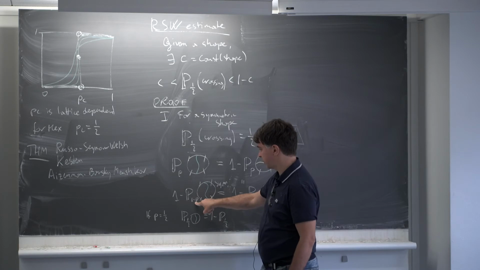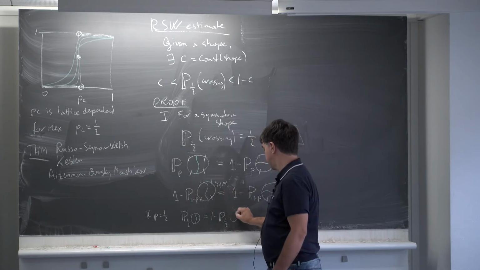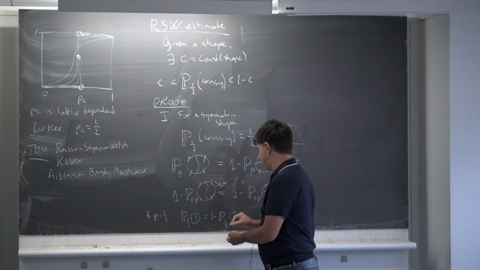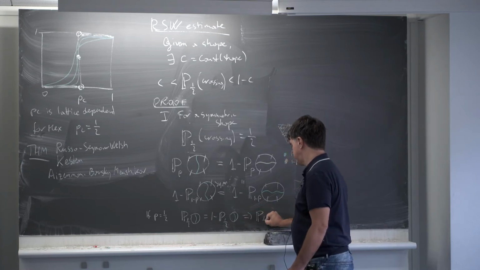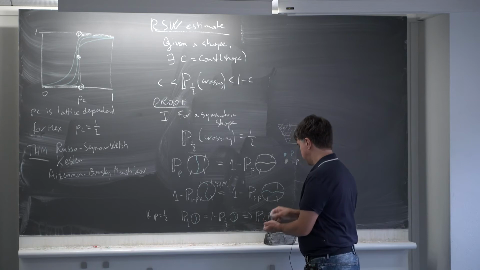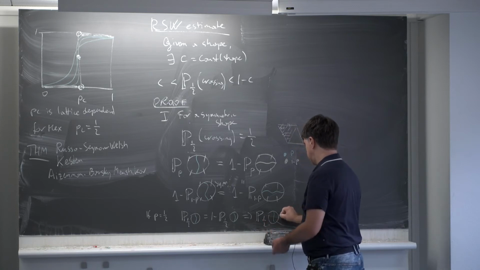If P is 1/2, these two are the same, the crossing. So you get that the probability of a crossing is equal to 1/2.